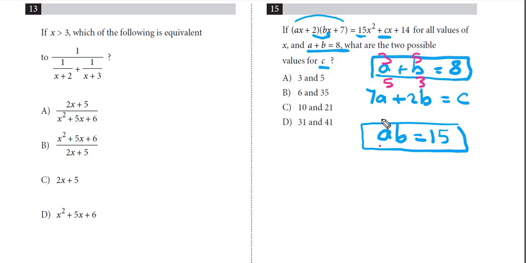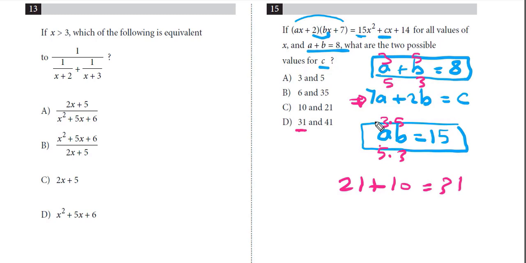And 3 times 5 is equal to 15, or 5 times 3 is equal to 15. Both of them are correct. Then replace these values in the value of c. 7 times 3 will be 21, plus 2 times 5 will be 10, which is 31 here.